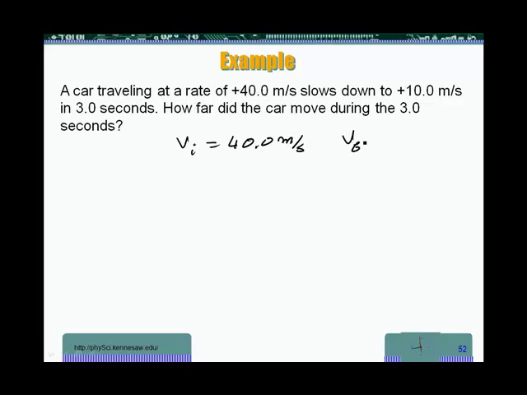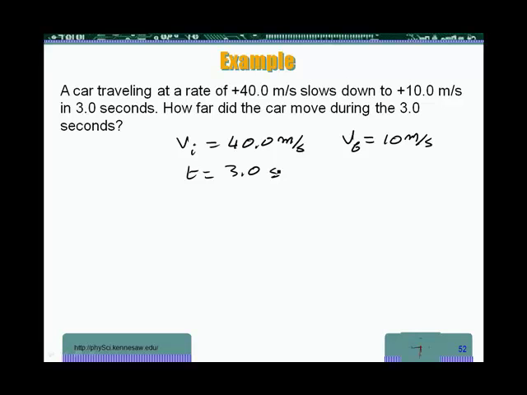The final velocity is 10 meters per second. The time is 3.0 seconds. Okay, and we are asked to find how far did it move. We are asked to find essentially the displacement.